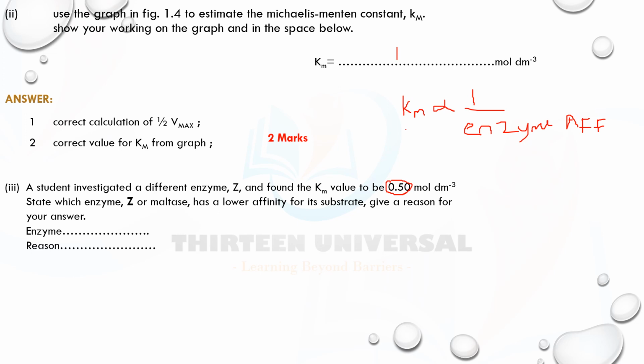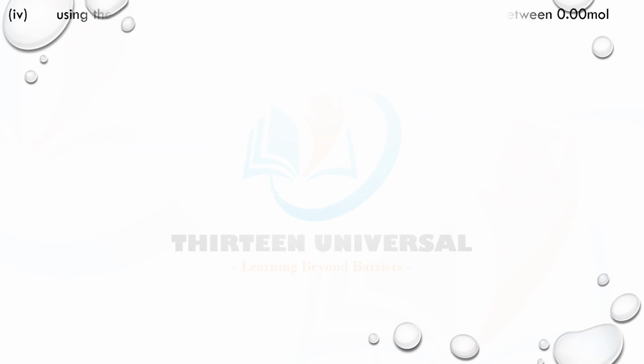The one that has low affinity is the one that has the higher Km, so it is our maltase enzyme, because its Km value is 1, which is higher than 0.5. So it will have lower affinity for its substrate. Did you get it? So maltase has lower affinity because it has a higher Km value, 1 mark.